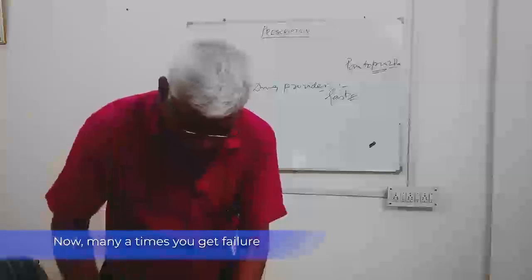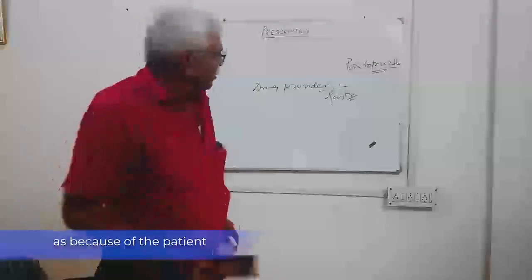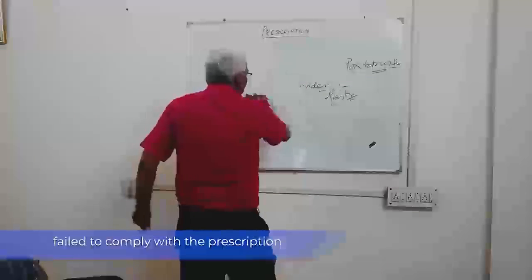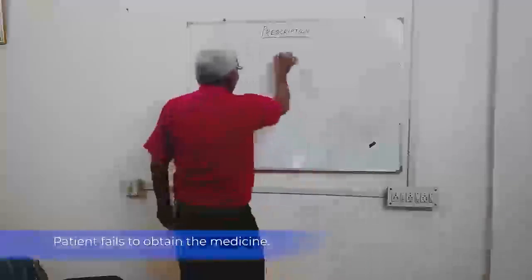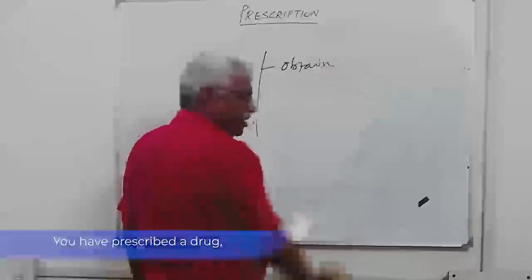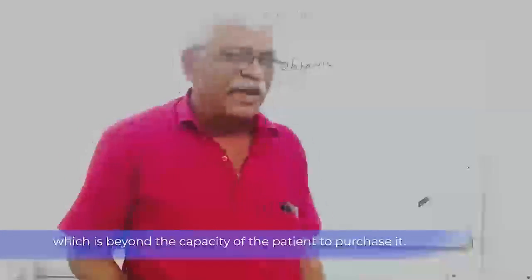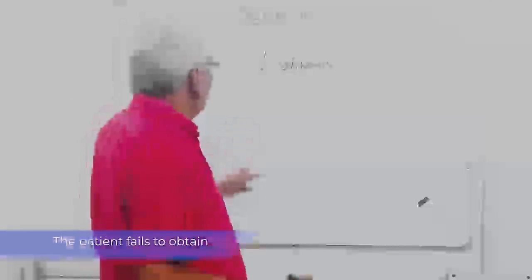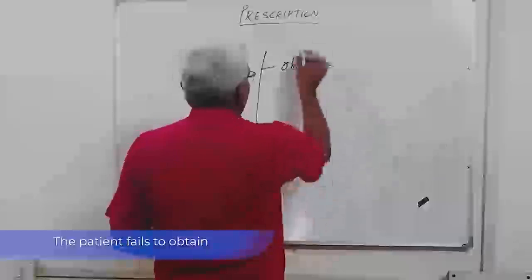Now many times we get failure because the patient doesn't comply with the prescription. Patient fails to obtain the medicine. We have prescribed a drug which is beyond the capacity of the patient to purchase.